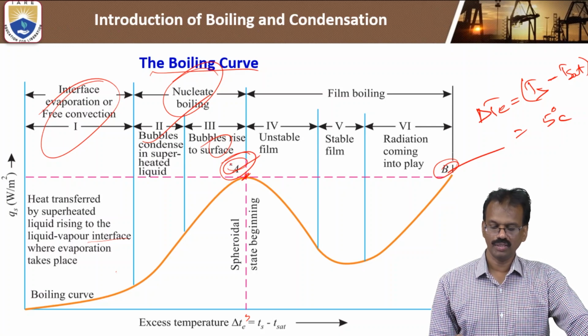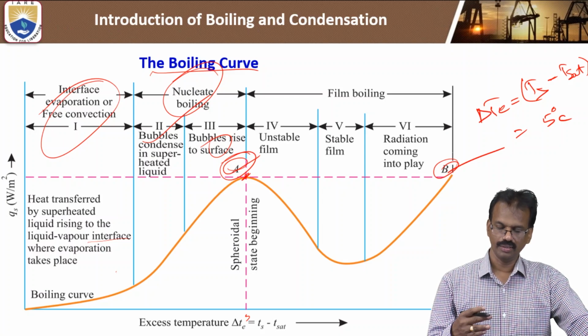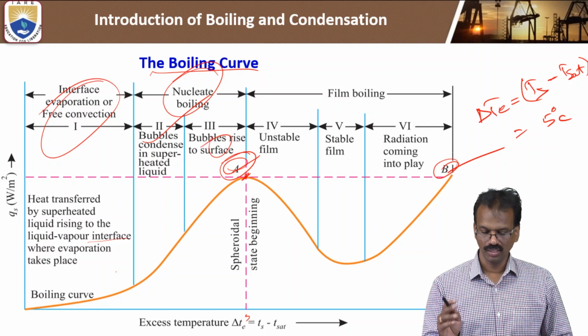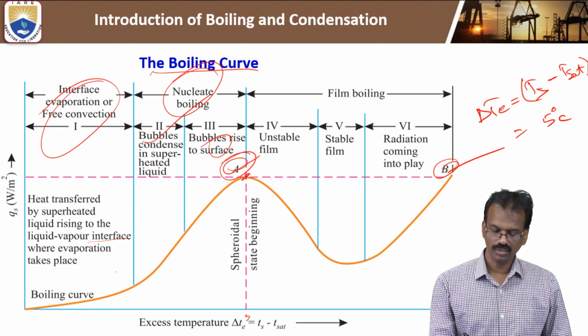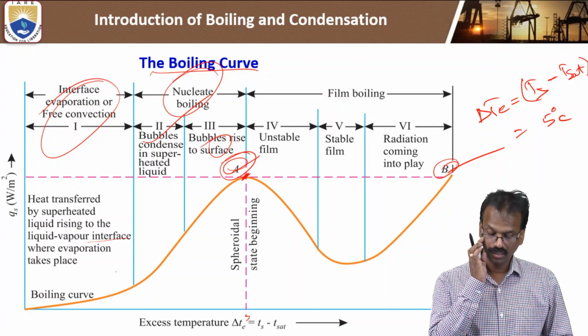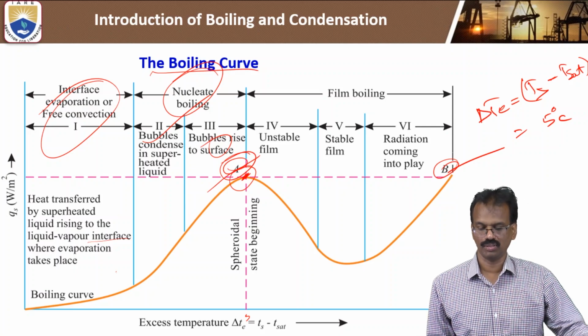Then bubbles rise to the surface. Due to the bubbles rising, heat transfer rate or heat flux increases rapidly. At that point, heat flux is very high. That is called critical heat flux. We'll see the importance of the critical heat flux also.